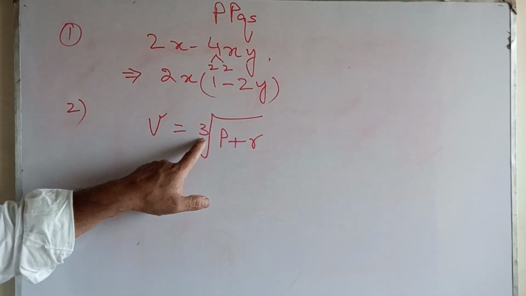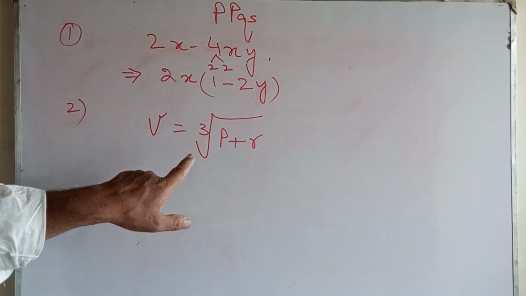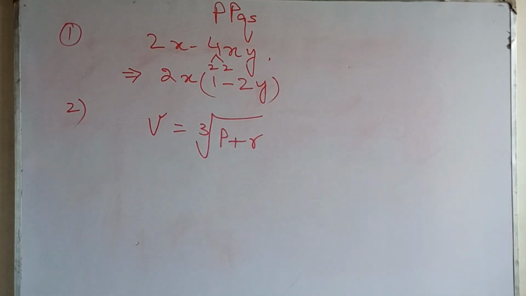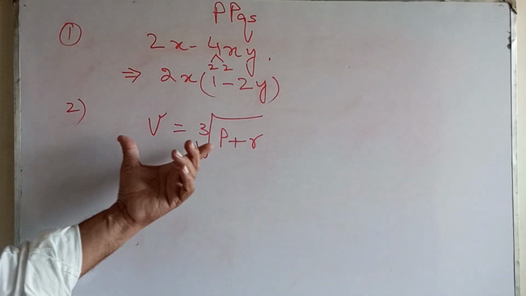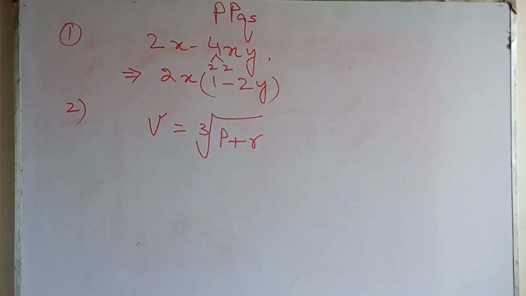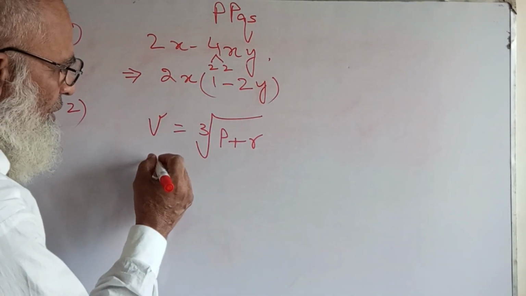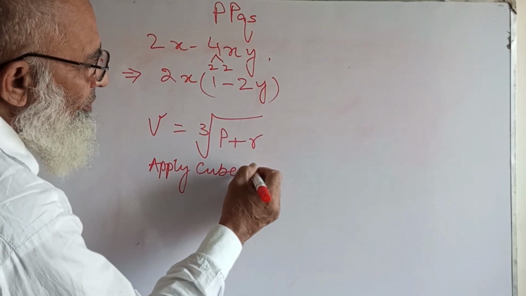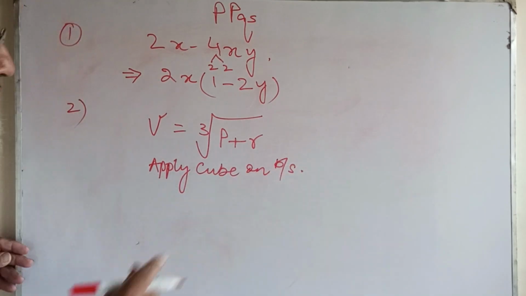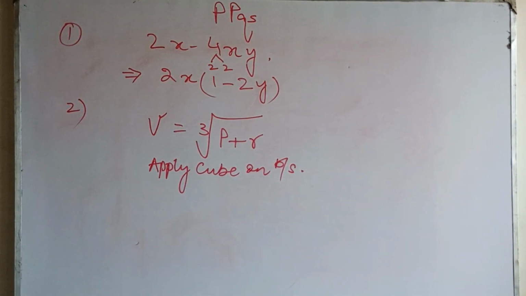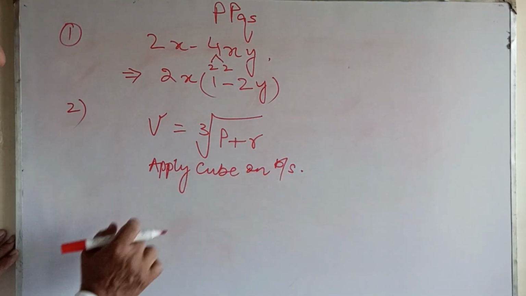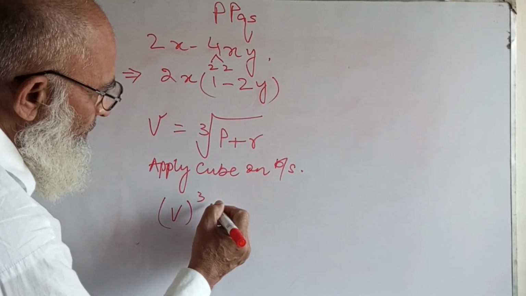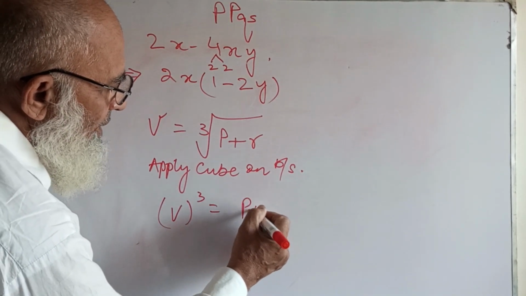Now you see that it has been specified here that this is the cube root. So what will we do to remove this cube root? We have to apply cube on both sides. And what will it do? V cube is equal to P plus R.